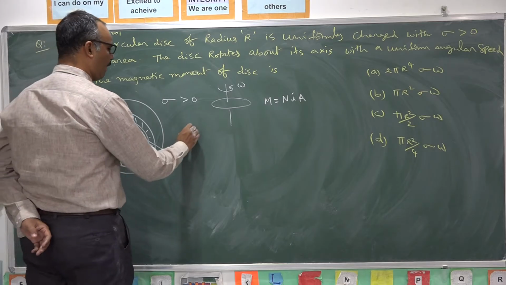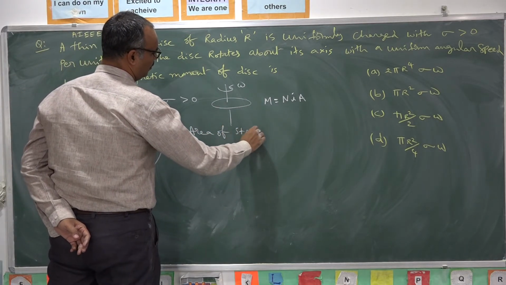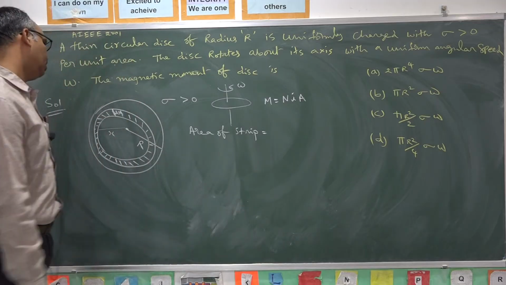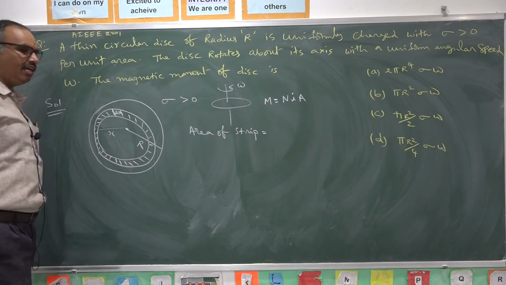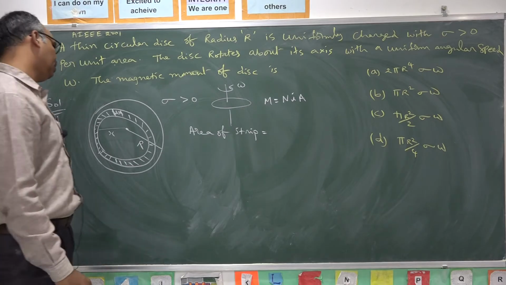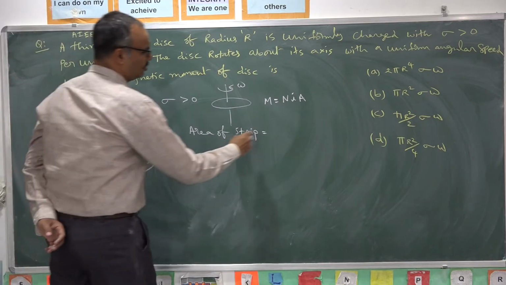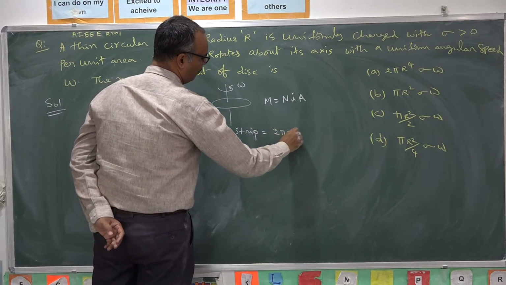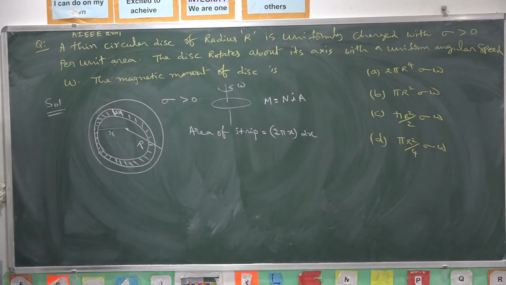Now, area of strip: if you cut the strip and arrange it in a linear way, it is like a rectangle. For a rectangle, length is nothing but circumference 2 pi x, thickness is dx. So, this is the area of the strip.